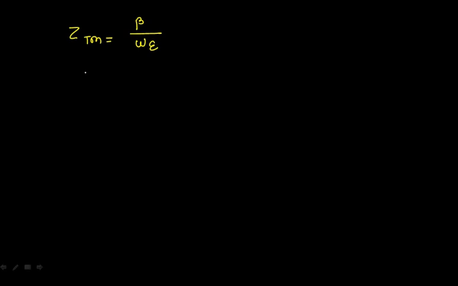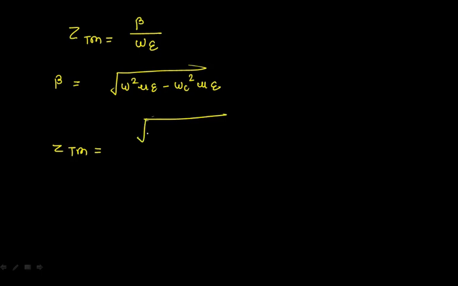But as we have already seen, beta is equal to the square root of omega square mu epsilon minus omega c square mu epsilon. We have already found this term. So if you put this value in this equation, you will get the square root of omega square mu epsilon minus omega c square mu epsilon, divided by omega epsilon.